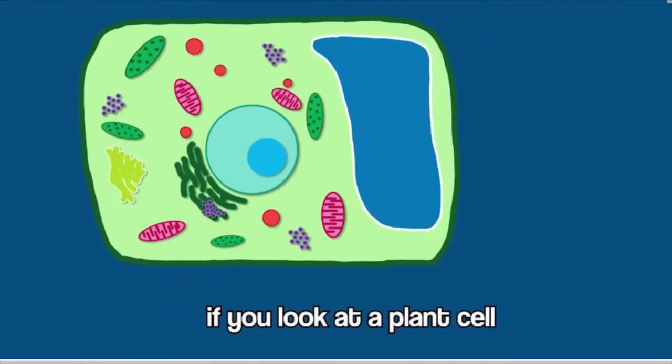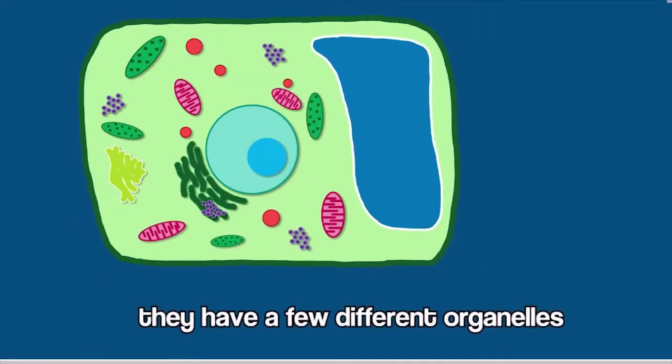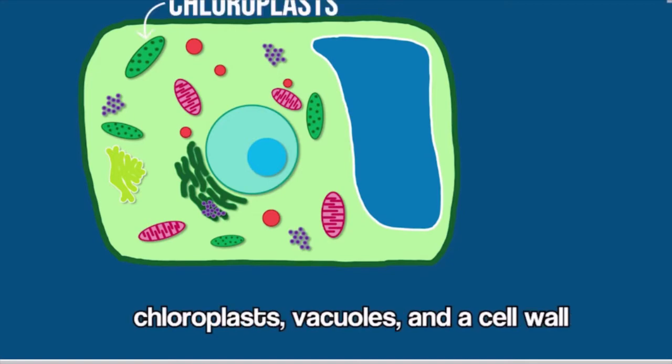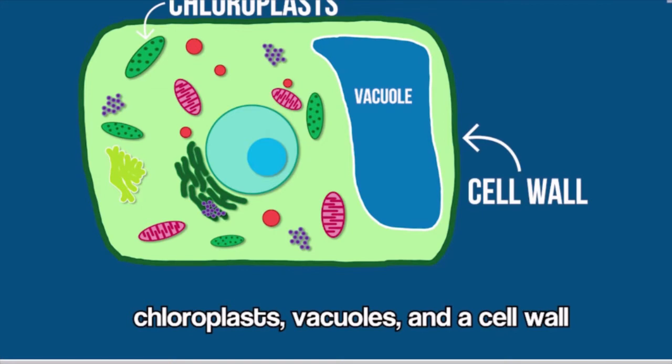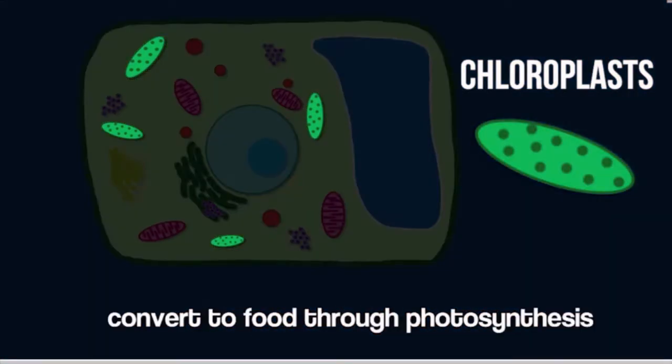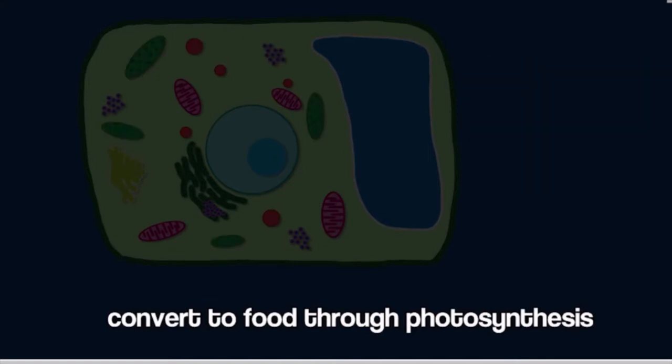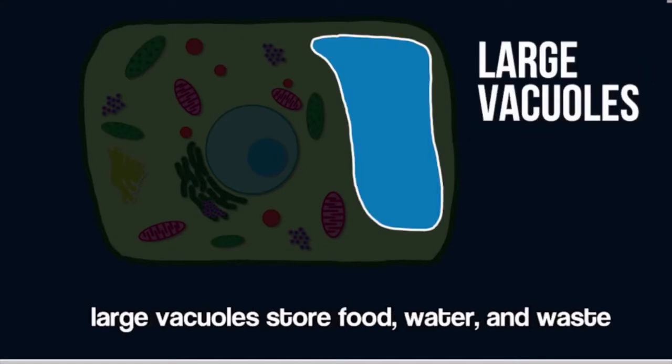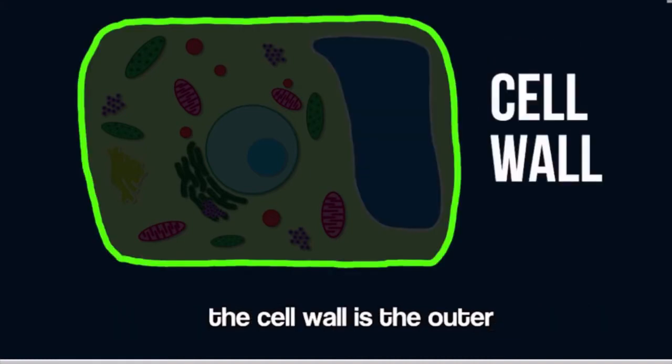If you look at a plant cell, they have a few different organelles, chloroplasts, vacuoles, and a cell wall. Chloroplasts take the sun in, convert to food through photosynthesis, large vacuoles to food, water, and waste. Cell wall is the outer, rigid cellulose as the protector.